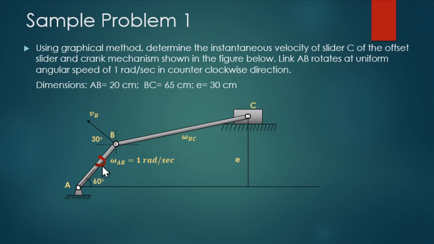If there is rotational motion at this length AB, it will also create rotational motion at length BC.